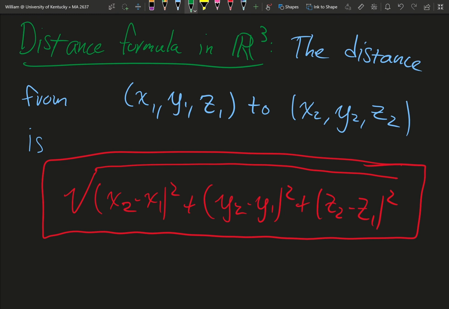So now let's use this. We know what circles look like, so let's look at circles in 3D, by which I mean spheres.